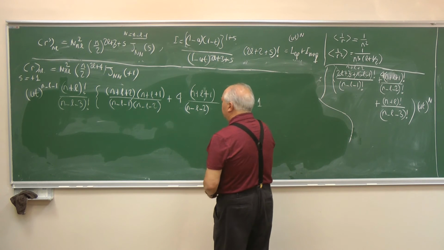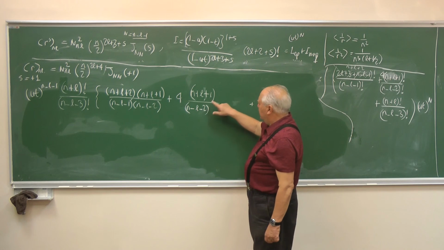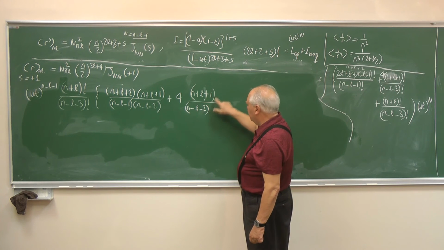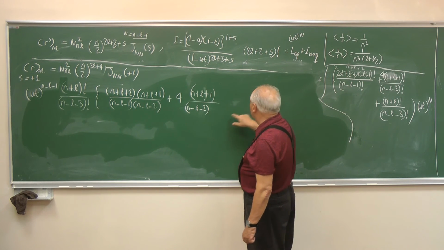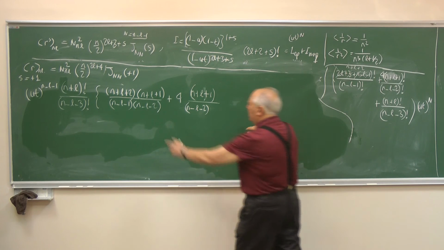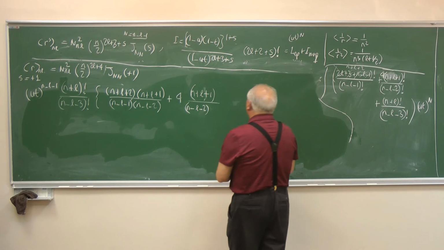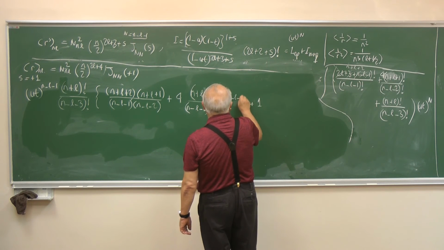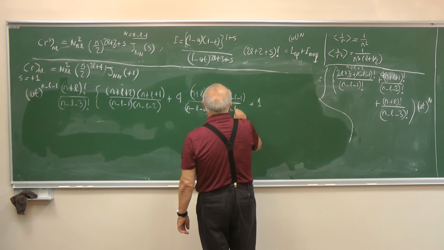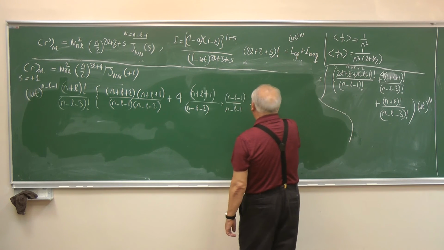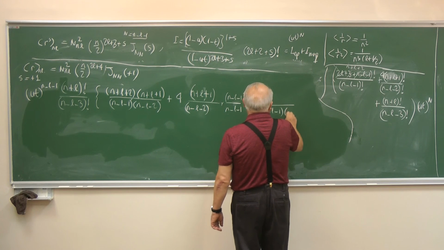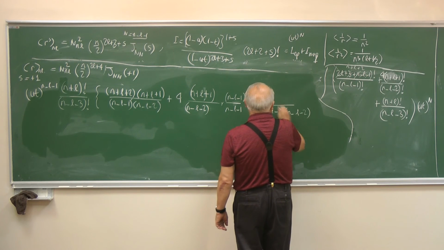Now, we multiply this thing by n minus L minus 1, both upstairs and downstairs, and we multiply that with that denominator. So instead of 1, we write n minus L minus 1 over n minus L minus 2.